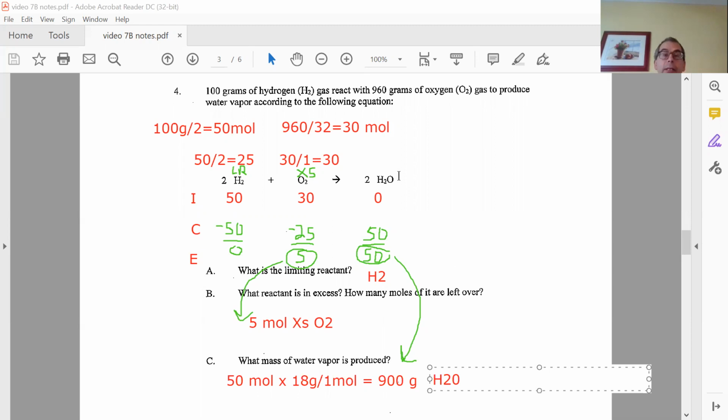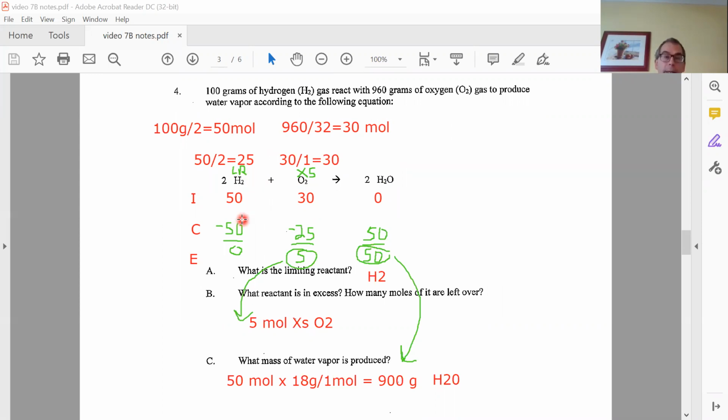So just looking back at this problem, if you're given grams like we have here, convert to moles. Now you can compare them in the equation. Look at your initial, use your ICE box. You have 50 here, 30 here, nothing here. And you determine your limiting reactant either by inspection, saying 50 isn't twice as big as 30, so that's the limiting reactant, or just taking the 50 divided by its coefficient, 30 divided by its coefficient, the smaller number is the limiting reactant.